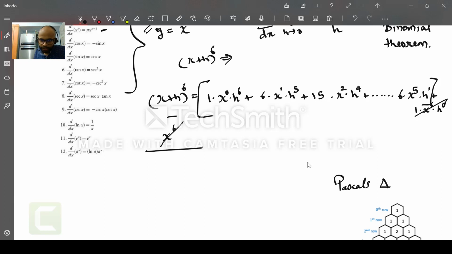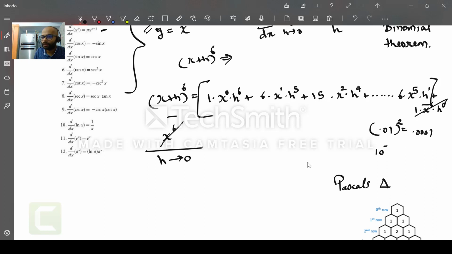But h is actually tending to 0, right? So whenever something is very less and you try to square it or cube it, it becomes even more less. For example, h was 0.01, and if you make a square of it, it becomes 0.0001.